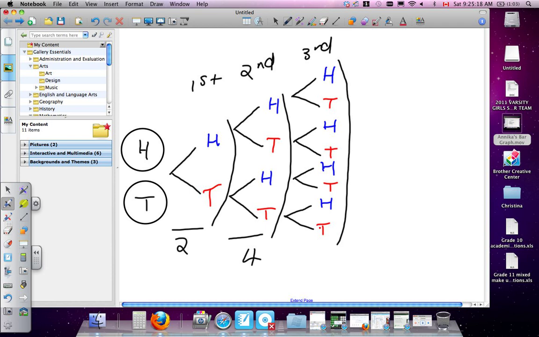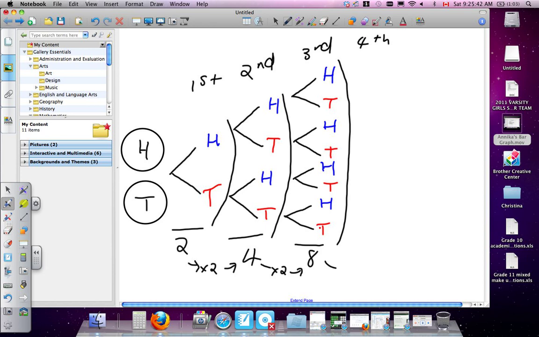Did you guys notice a pattern at all? Is it multiplied by 2? So I took this number and multiplied by 2 to get to 4, and then to get to 8, I multiplied again by 2. That's right. So in our fourth option, from our pattern, we're going to have 16.